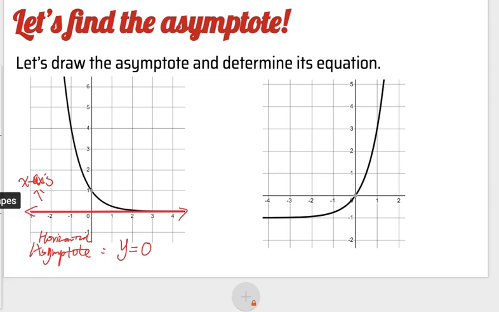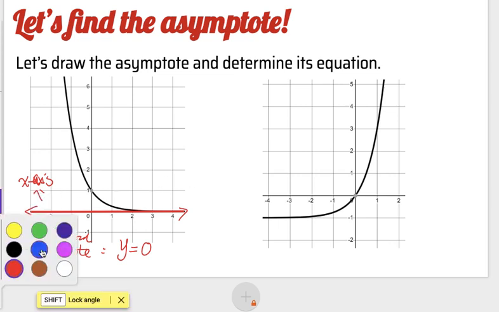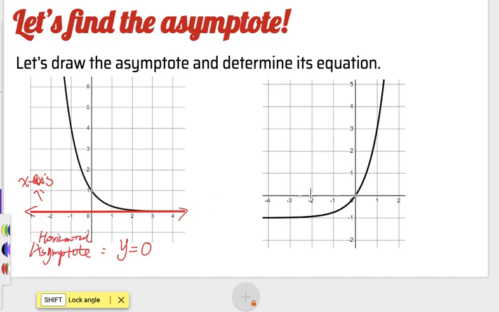Okay, let's quickly check another example here. Again, let's quickly draw this line so we can have a better understanding. This time, let's draw in a different color. As you can see, even though the graph is flipped over according to the y-axis, when we observe this part of the curve, it's also approaching this line here. So let's quickly draw the line. You probably noticed that this time the line is not the x-axis anymore, but it's still a horizontal line.